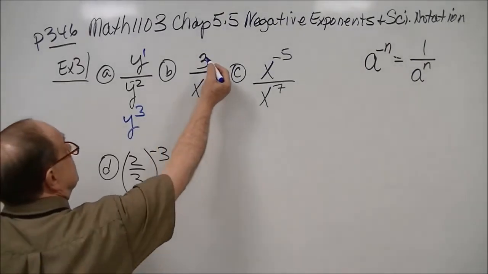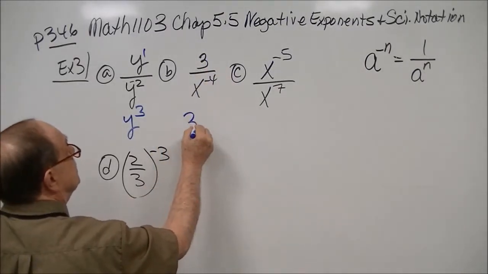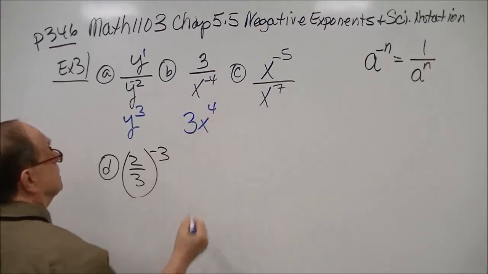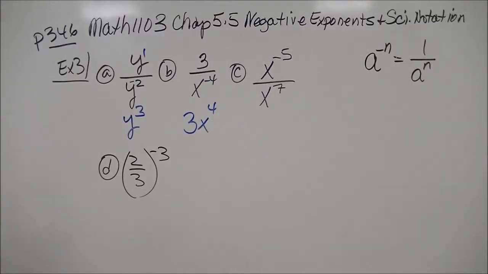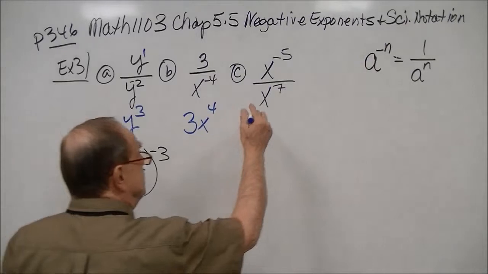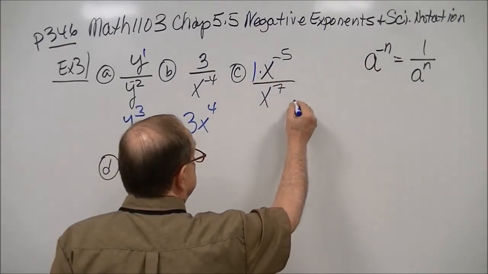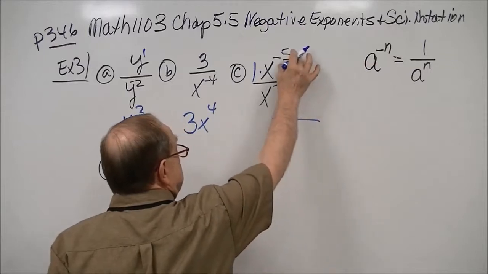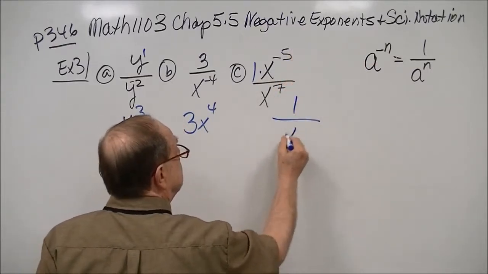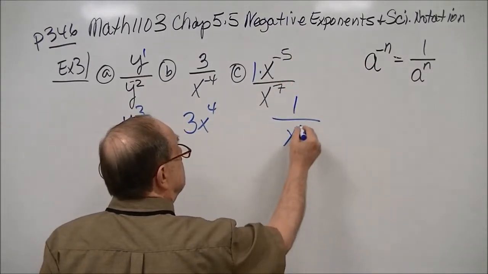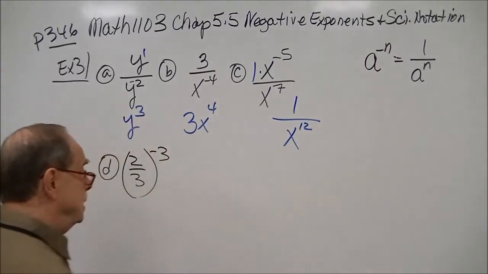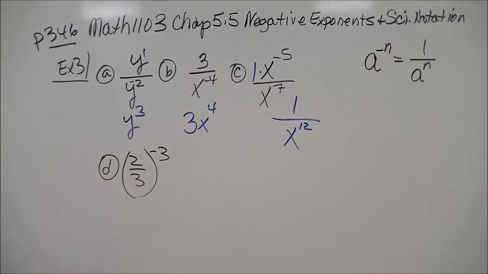And as we bring this up, this now becomes 3x to the fourth. Now in this case, remember there is a 1 there. This will become 1 in the numerator. We're going to bring the -5 down, add it to the 7, which will give us 1 over x to the 12th.